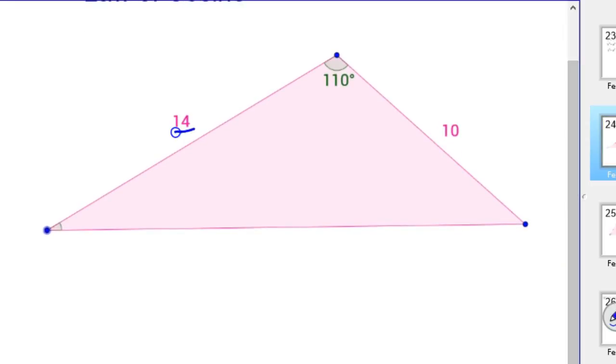Notice you've got a side, an angle, and a side. And typically you want to find all the rest of the information that they don't give you. So what I would do here is label it.